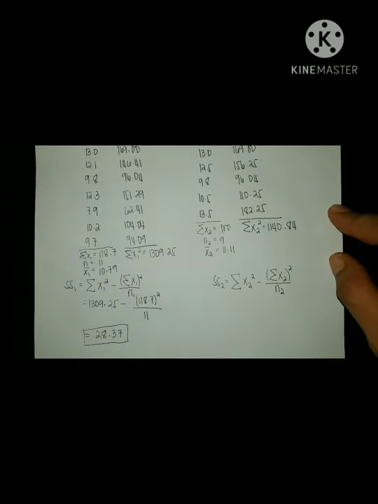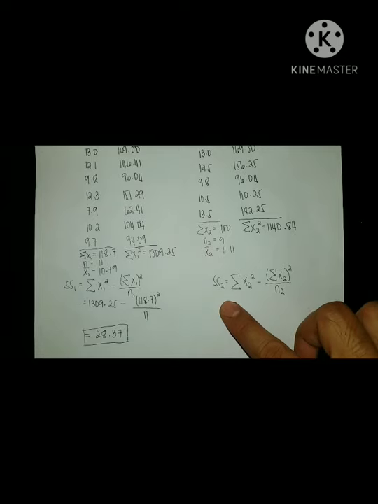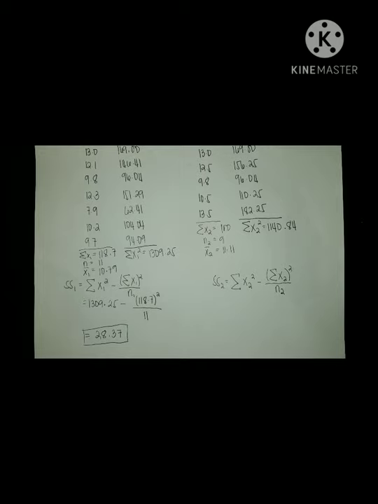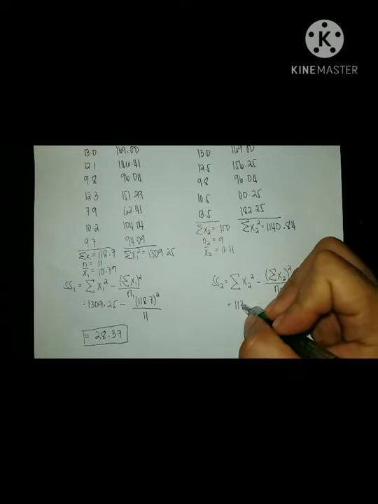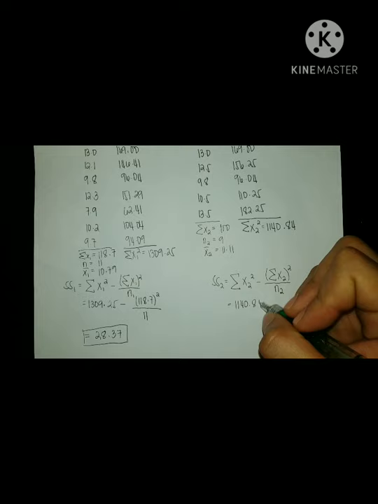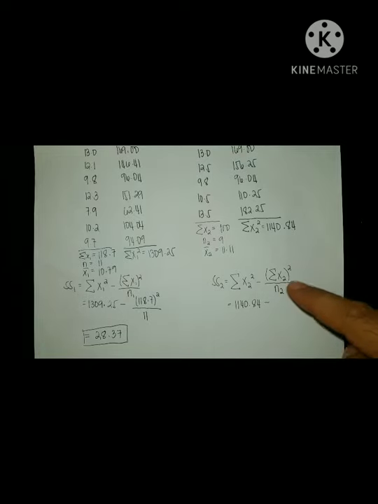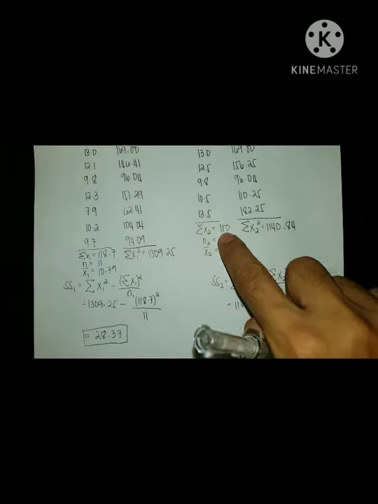And next will be the SS sub 2, or the sum of squares of the second group. So for the summation of x sub 2 squared, that will be equal to 1,140.84 minus the summation of x sub 2, which is equal to 100.